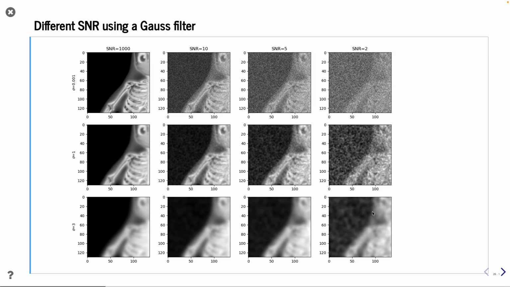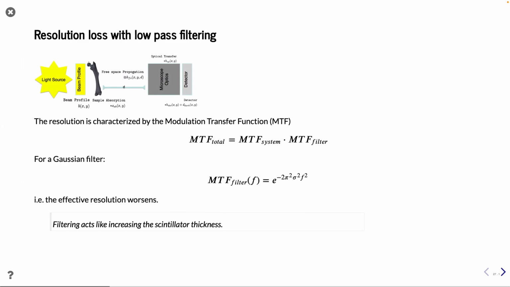Then we have sigma 1, and the first thing you can see is that there is some blurring. On this one you can only see the blurring, and then here you can see that some of the noise vanishes. And also here it's not such fine-grained noise that you see, and that goes on. And if we even increase the filter kernel to a sigma of 3, then we can see that there is a trend.